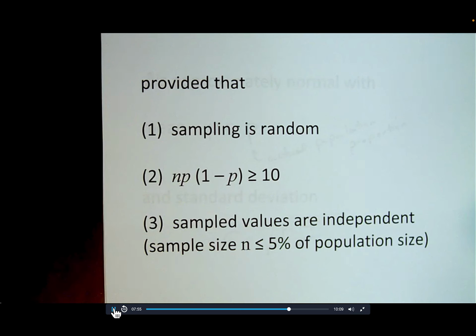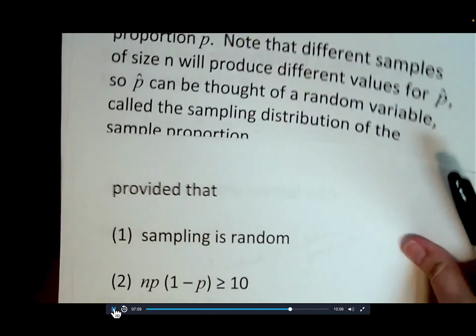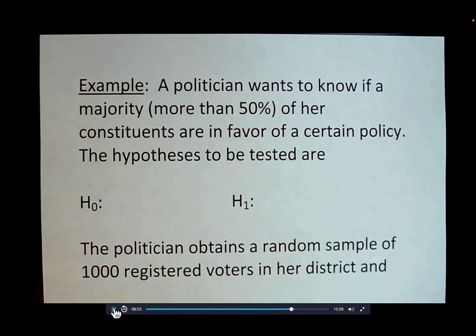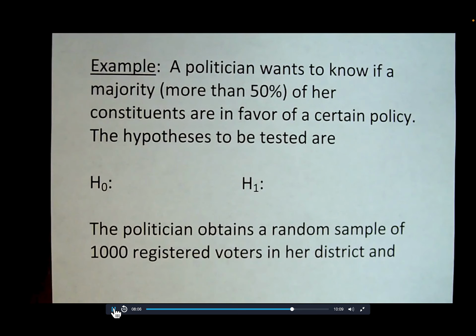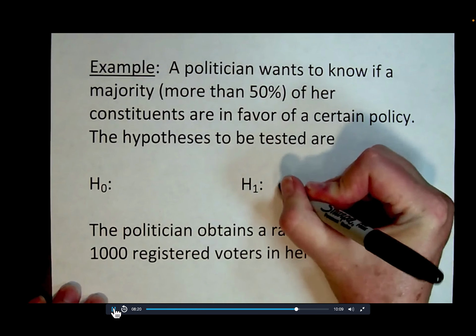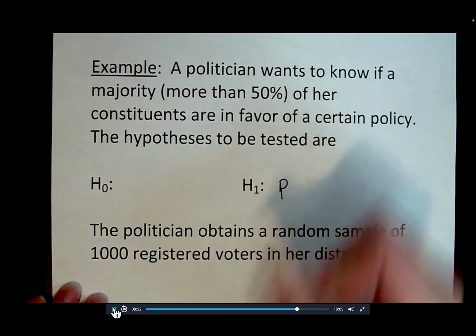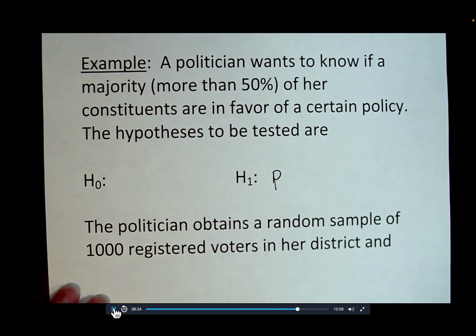Okay, let's see an example here then of a population proportion. A politician wants to know if a majority, more than 50%, of her constituents are in favor of a certain policy. So the hypotheses to be tested are, again, the alternate hypothesis is the one the person is thinking about, what they want to investigate.